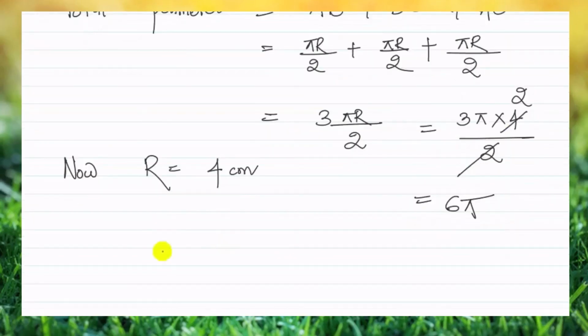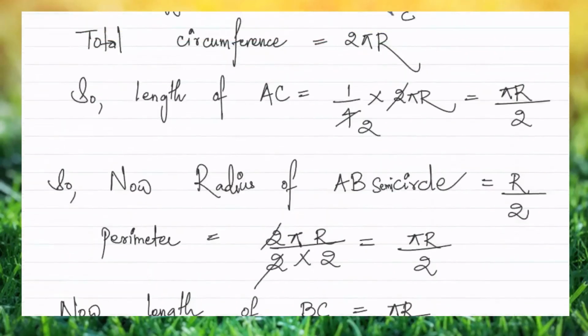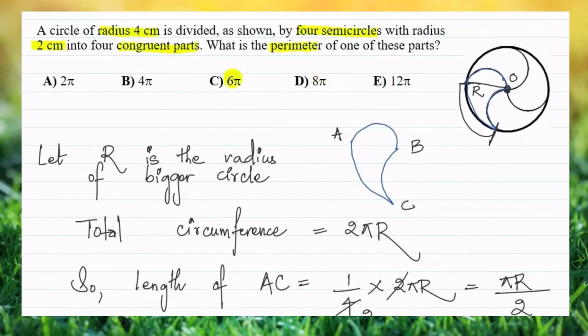Therefore the perimeter of the figure is 6 pi. Let us see which option is correct. It is option C, 6 pi.